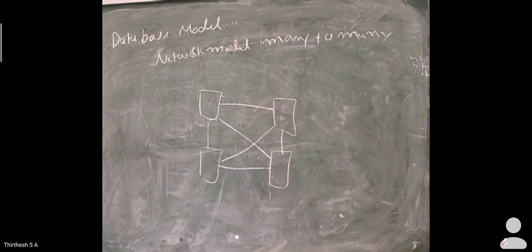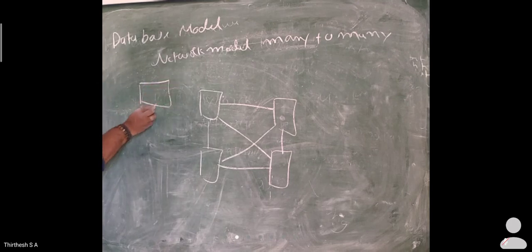Understood? So the main difference between hierarchical and network model is that in a hierarchical model the organization is in the form of a tree, and in a network model the organization is in the form of a graph. In the hierarchical model, the organization is in the form of trees.